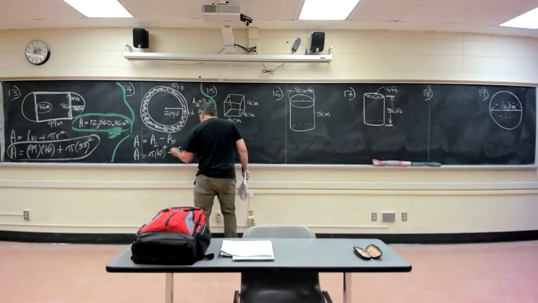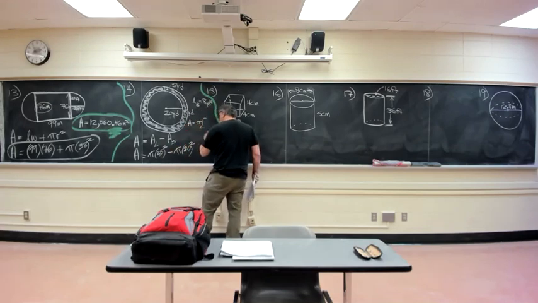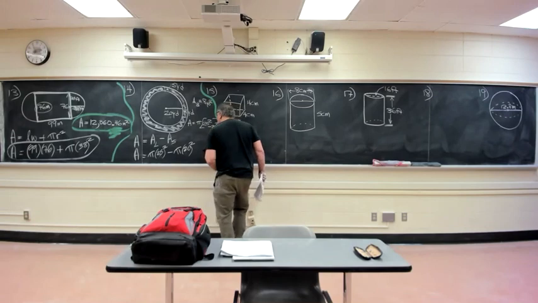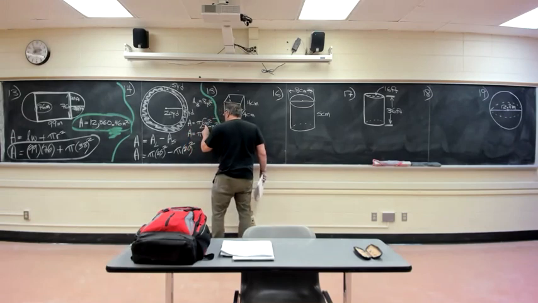There's a lot to be said here. You could factor the pi out. You have 25 squared minus 20 squared. Here's the pi. 25 squared is 625. 20 squared is 400.